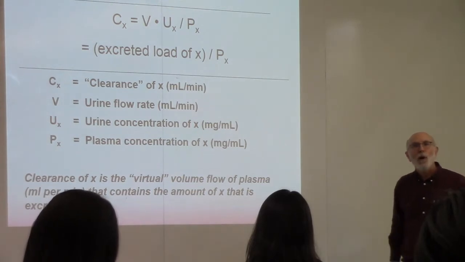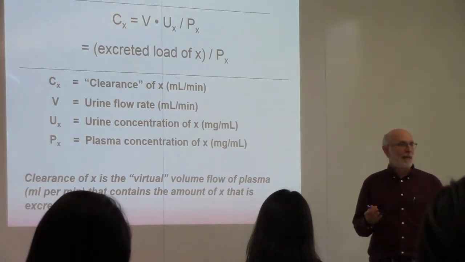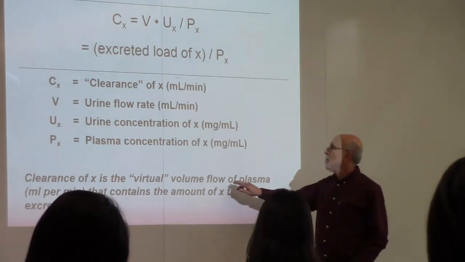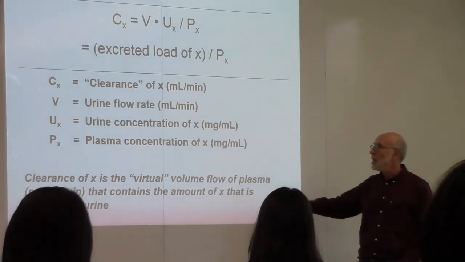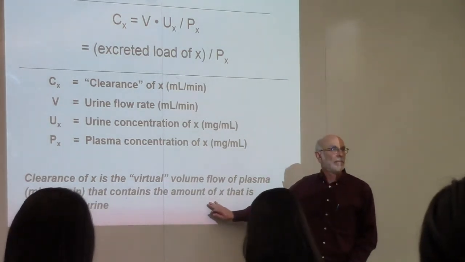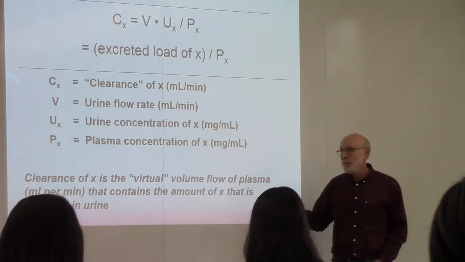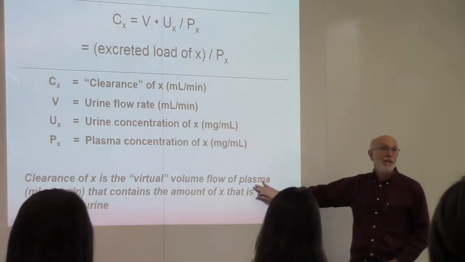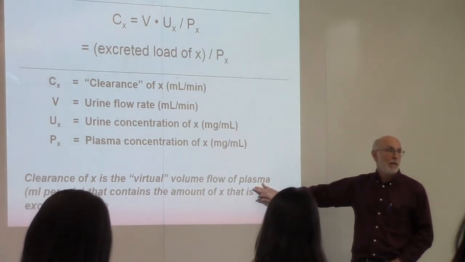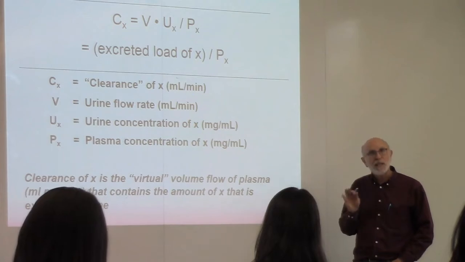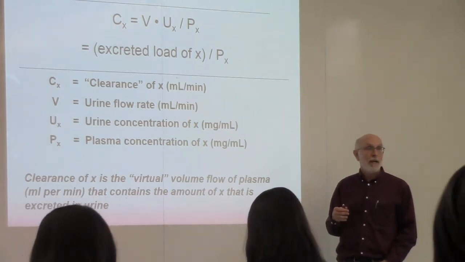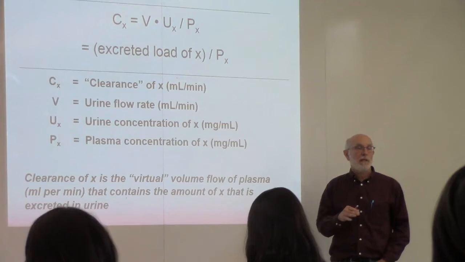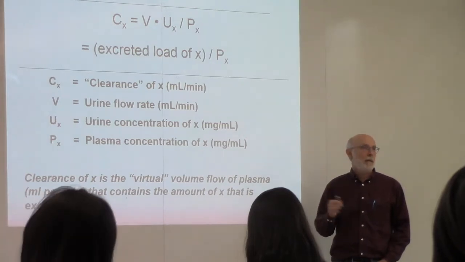And so if you say, well, milliliters of what? It's the milliliters of plasma that contains the amount that is in urine. If you need a language, some people don't, you can ignore this if this makes you more confused. But the thing to know and to remember, because it helps you make sure your calculations are right, is that the units of clearance are mils per minute.